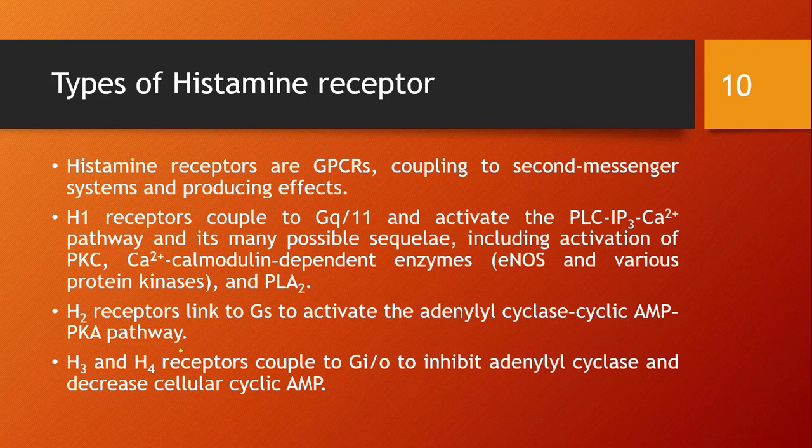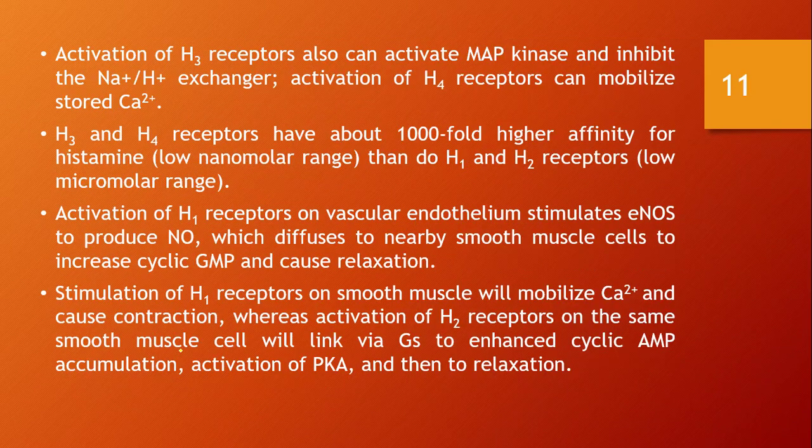Okay, so H3 and H4 receptors are internally coupled to the Gi G protein, and thus they inhibit the adenylyl cyclase, and thus they decrease the intracellular cAMP. Activation of the H3 receptor can also activate the MAP kinase enzyme, and also they inhibit the sodium hydrogen exchanger.